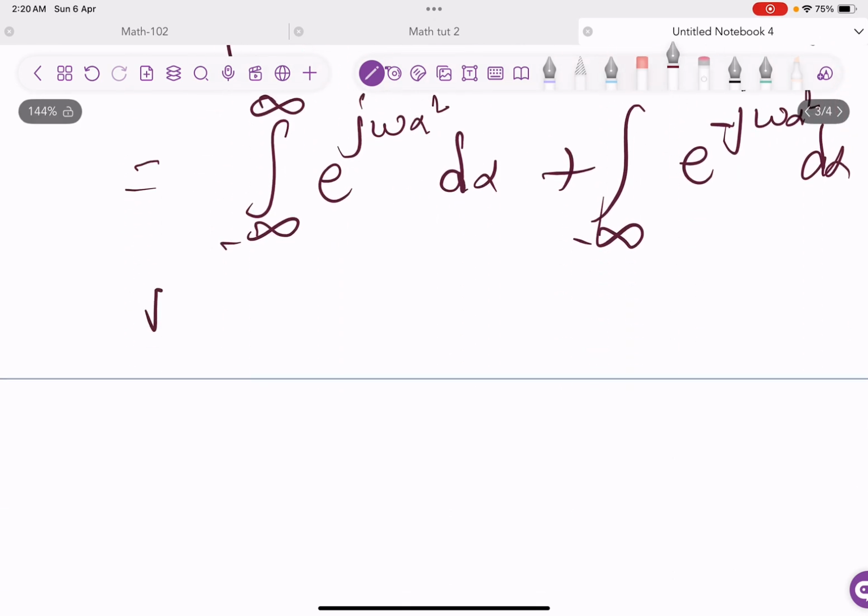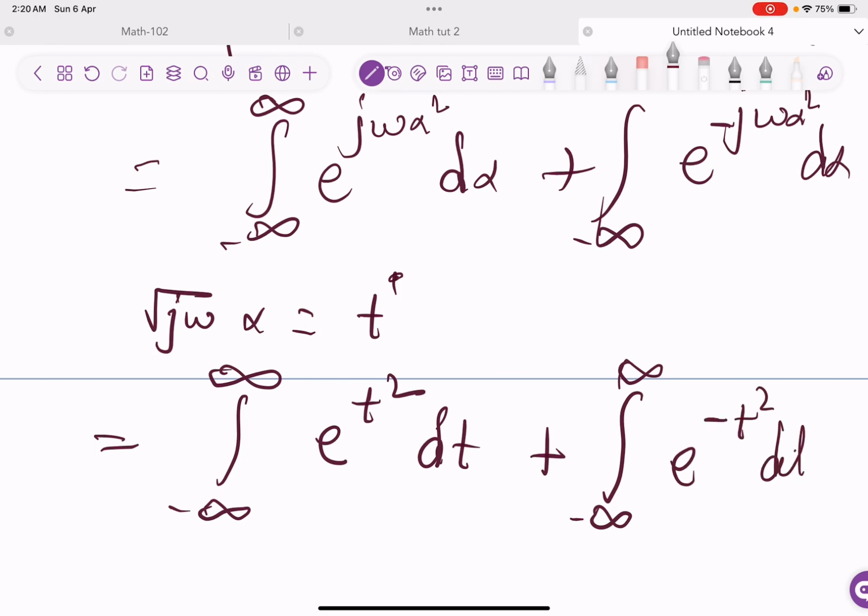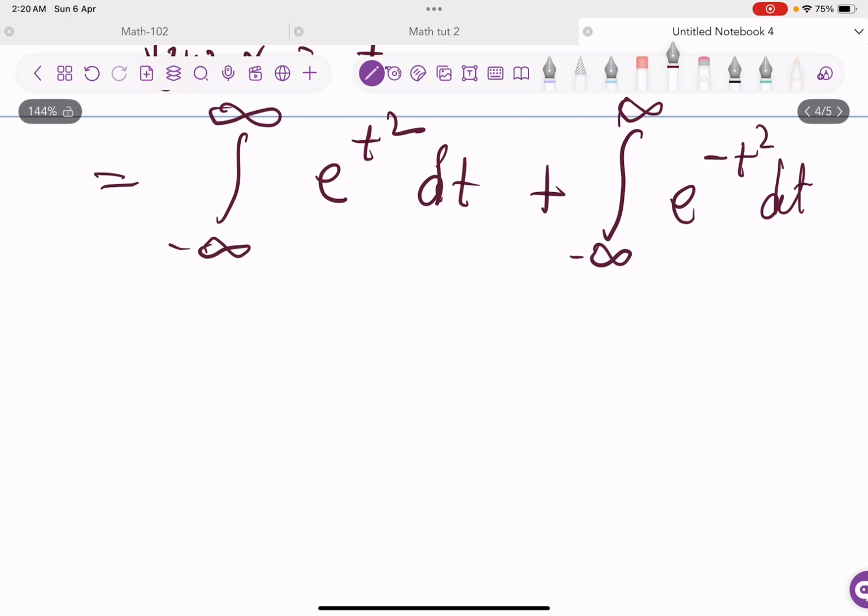Now, root j omega alpha is equal to t. It doesn't matter what you start from. So this will be the integral from minus infinity to infinity of e power t square dt, plus the integral from minus infinity to infinity of e power minus t square dt. Now here, let's replace t with jt.